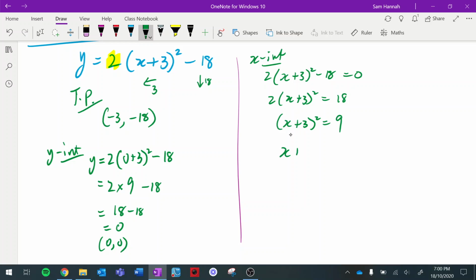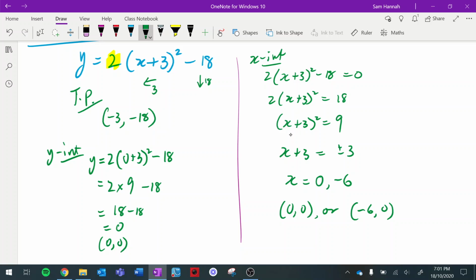Next we've got to take the square root, and the square root of 9 is 3, but we have to remember it could be positive or minus 3. Last thing is to take away 3. If we had a plus 3 and took away 3, we'd get 0. And if we had minus 3 and took away another 3, we'd have minus 6. So for this particular one, we have x-intercepts at (0, 0) and (-6, 0).